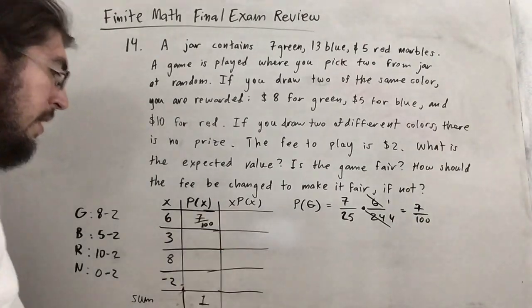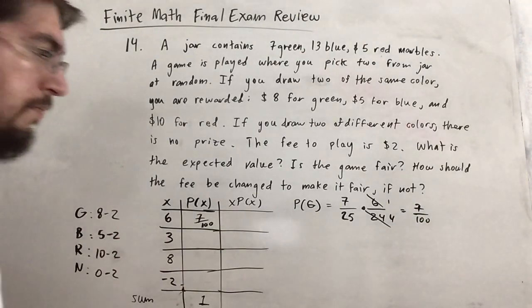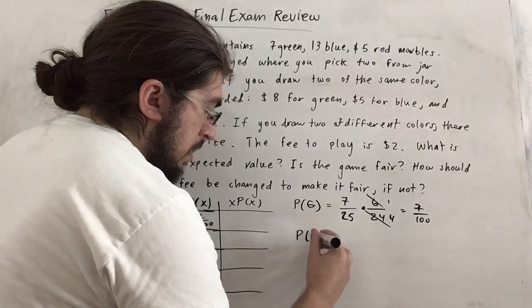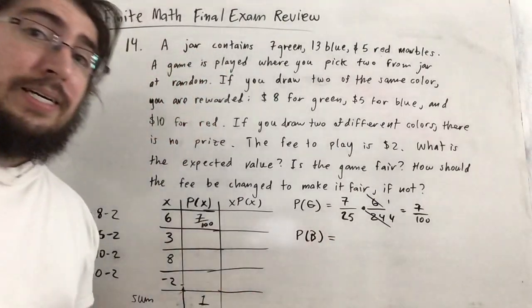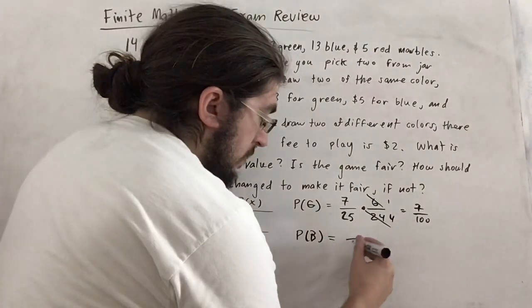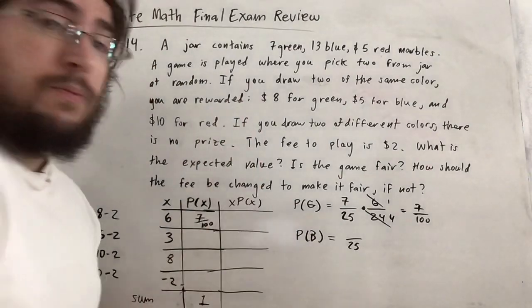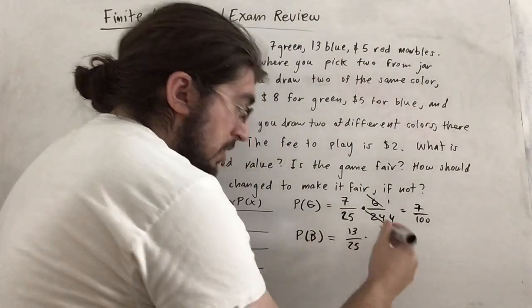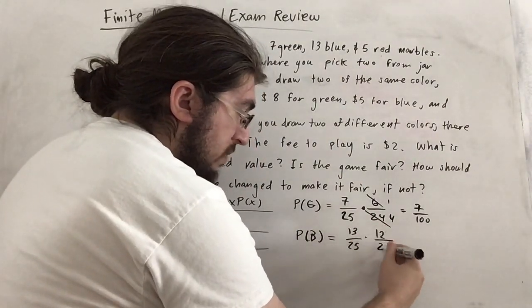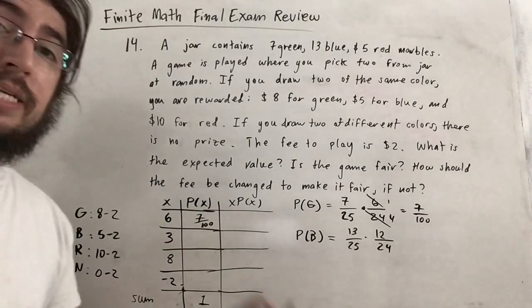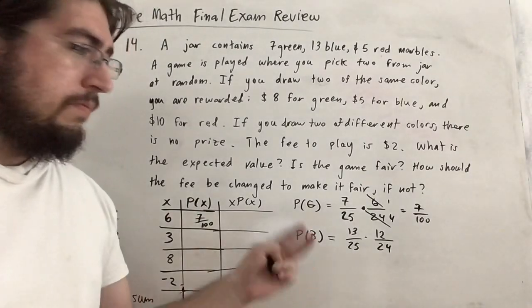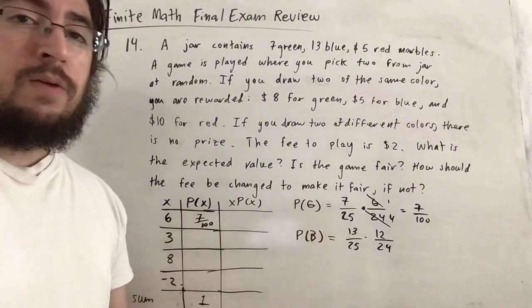Good. Now what about the probability of drawing 2 blue? Same idea. So out of 25 marbles, how many are blue? 13 are blue. And then for our second draw, we'll have 12 blue out of the 24. Now in this case, 12 goes into 24 twice. So this would be 13 over 50.